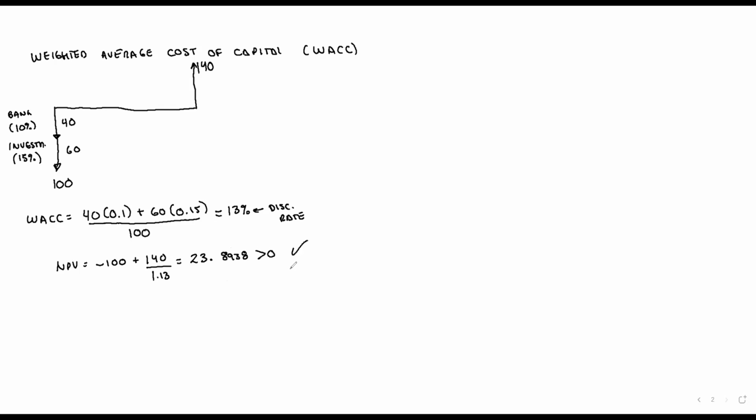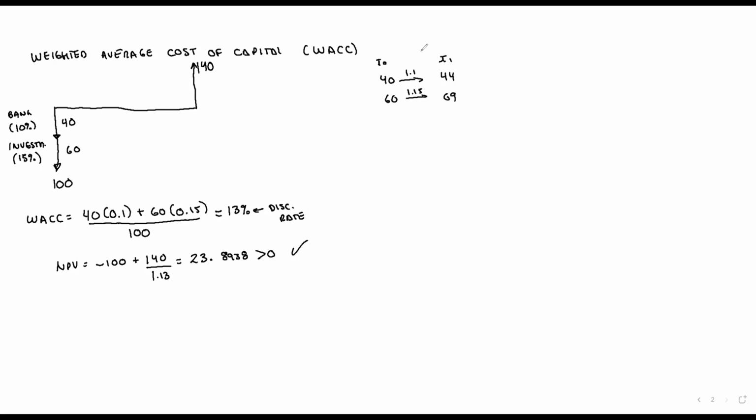Now, the intuition is very simple, guys. Imagine you have your 40. At time 0, this is the amount. At time 1, I need to pay 44, because I need to give 10% to the bank. And to my investors, I need to give them a 15% return. So if you do that, this is going to be 69.